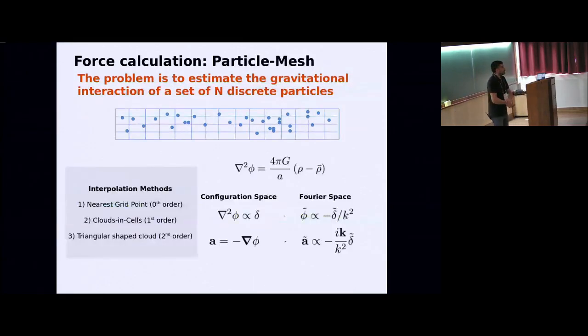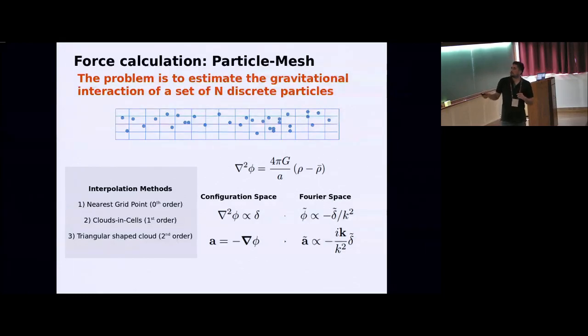So there are alternative ways of computing forces. One of them is to write down the Poisson equation on a grid and solve it using Fourier methods. This is called particle mesh. So you can imagine you have a bunch of particles, and now you have a grid, and then you estimate the density field by depositing the particles on your grid. You have different first, second order ways of doing this deposit, but it's just a detail.